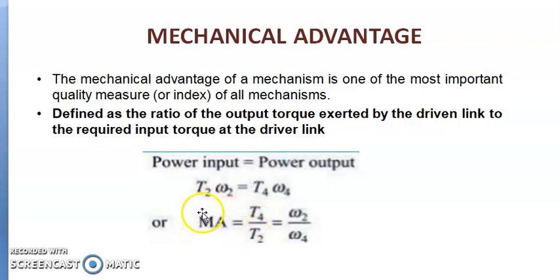Suppose the mechanical advantage is 3, then T2 is equal to T4 by 3. If the mechanical advantage is 4, then T2 is equal to T4 by 4. So the greater the mechanical advantage, the smaller the input torque required for the same output torque.